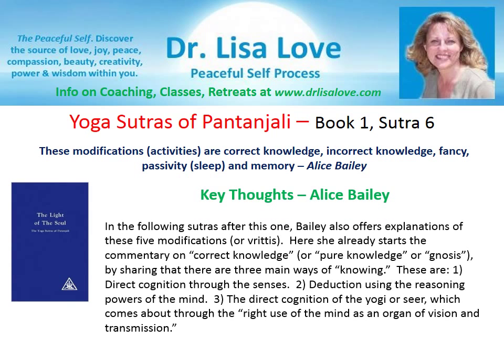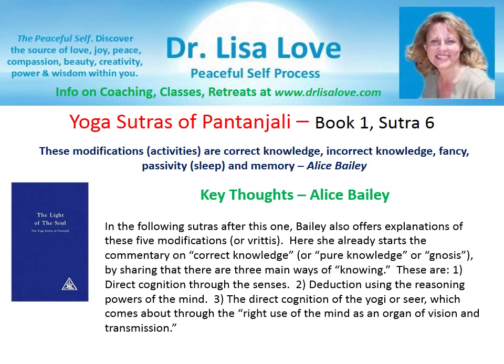Then Alice Bailey says that, again, in the following sutras after this one, she expands upon these 5 modifications, but here she already starts the commentary on what is correct knowledge, calling it also pure knowledge or gnosis. And she shares that there are 3 main ways of knowing in her commentary on Sutra 6.